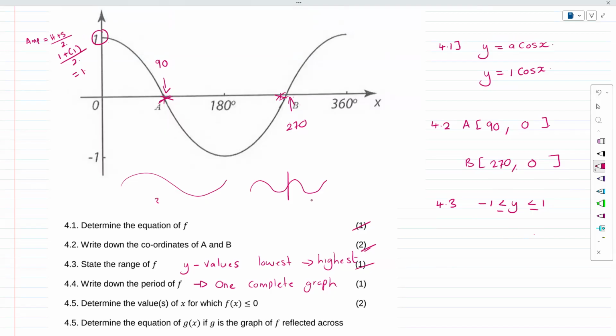So for example, this might be a 360 period, and this might be a 180 period. I made this up, and it's not drawn to scale, but I'm trying to show you that the period of this graph should be 360, because it starts at 0, and it takes 360 degrees to finish. So the period is 360 degrees.